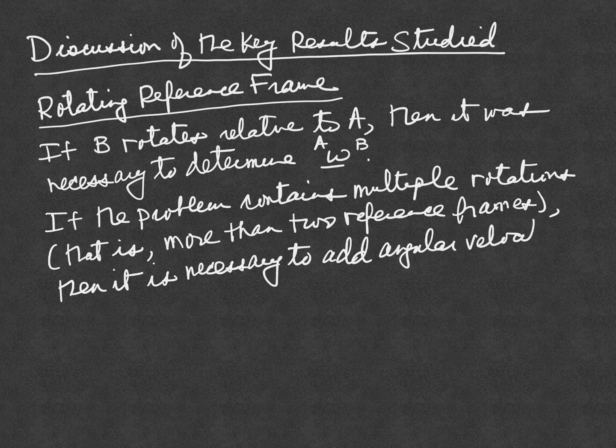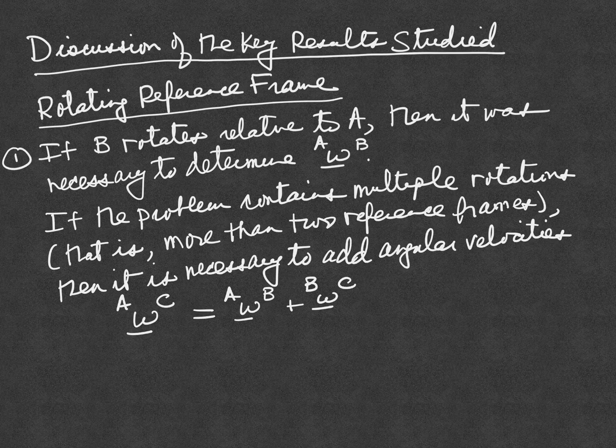And of course, that looked like the angular velocity addition rule, which was something like omega CA is equal to omega BA plus omega CB.